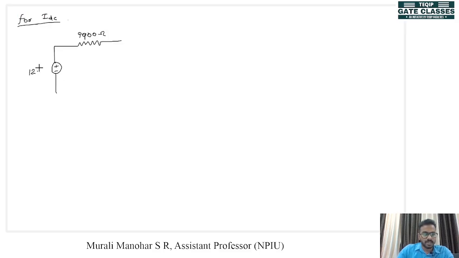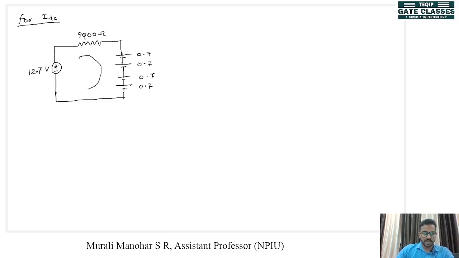This is 12.7 volts, and now the diodes can be replaced by their equivalent voltages, right? This is the DC equivalent voltage. So, each of this voltage will be 0.7 volt. This is given in the question, right?